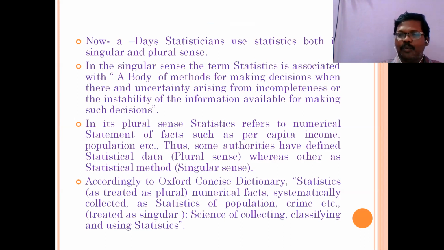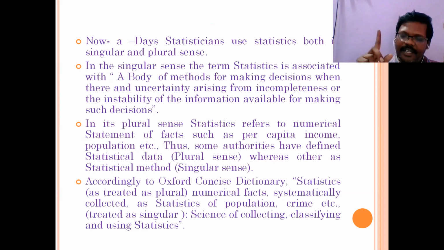Inflation is also plural. Why is inflation called plural? Because inflation is nothing but the average of all the prices changed. Average is plural because it may be a single value which is representing the whole data.